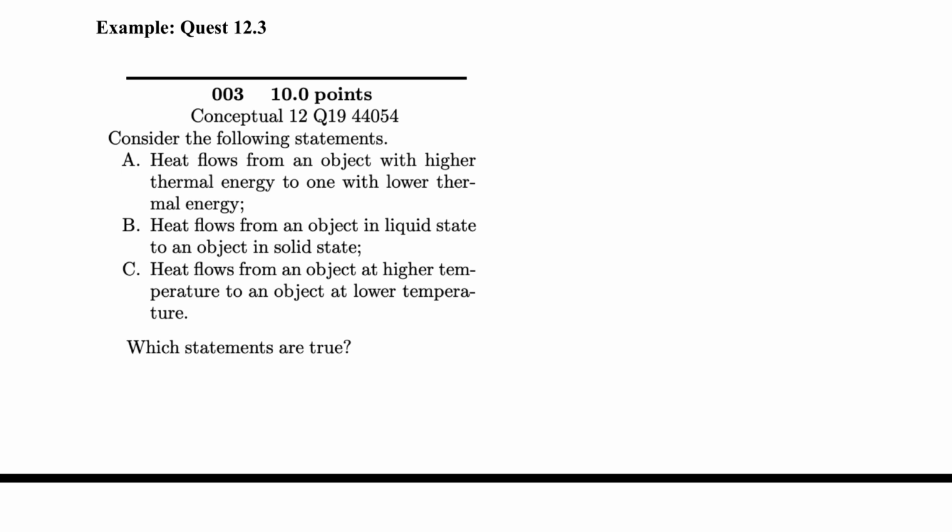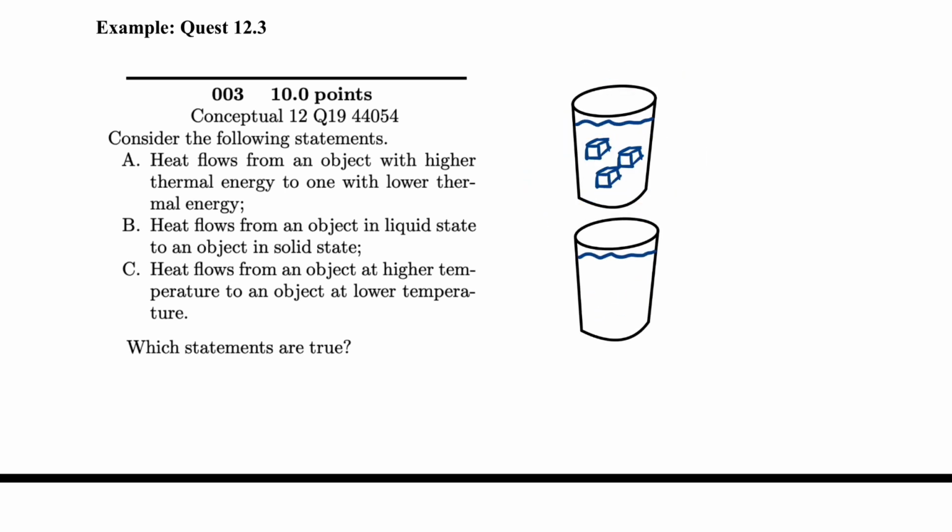All right. Now let me give you an example that will illustrate the answer to this question. Let's say you have a glass of water, and then you have some ice cubes in it. And then some time passes, and now you just have water.